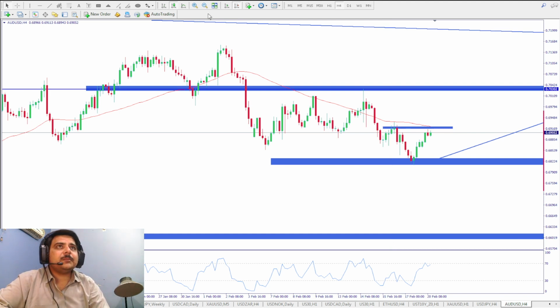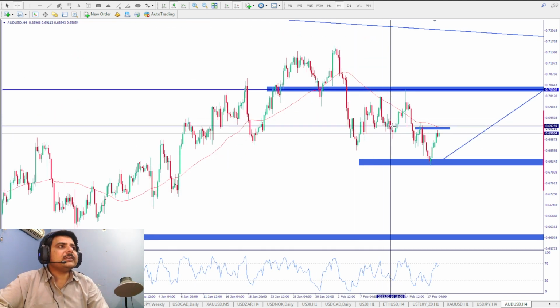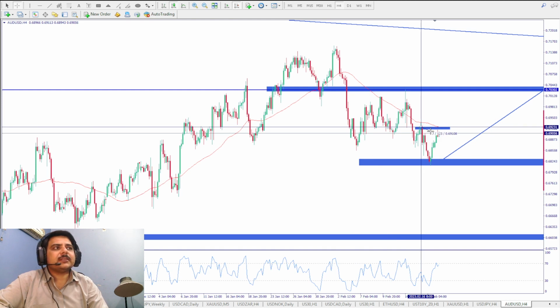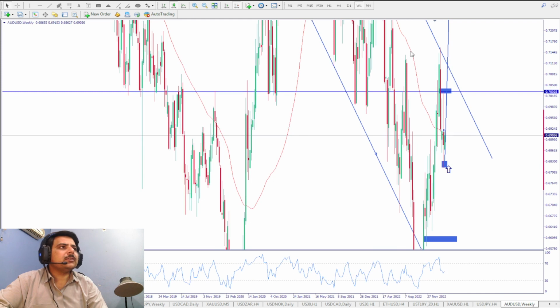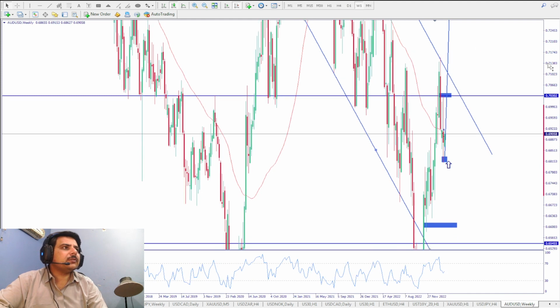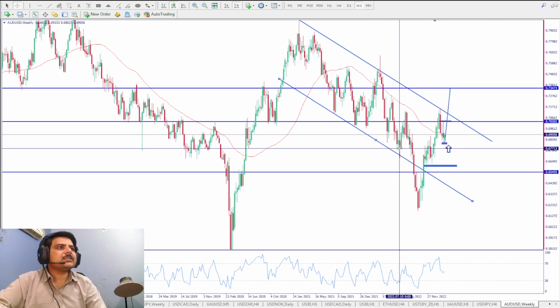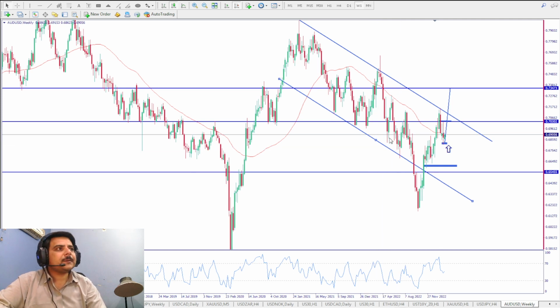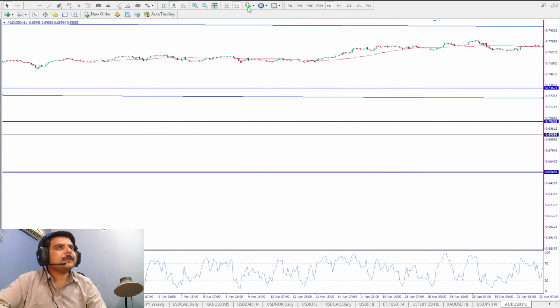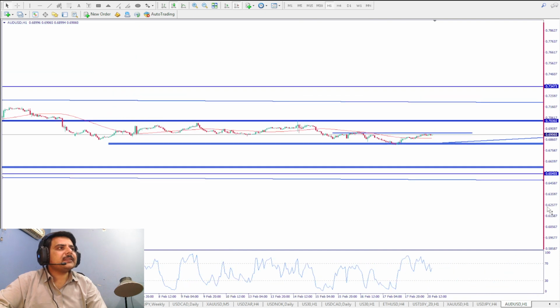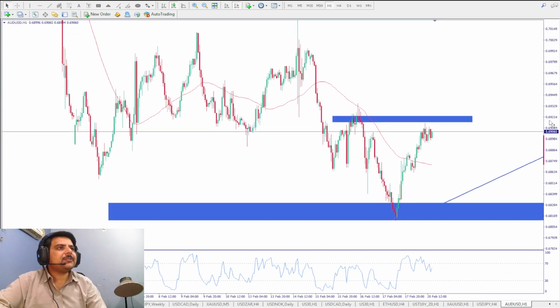Now I am finding out what is so special about this. It's not giving me any clue. Okay, no, previous weekly support is right here. So the main thing is that ABCD pattern.